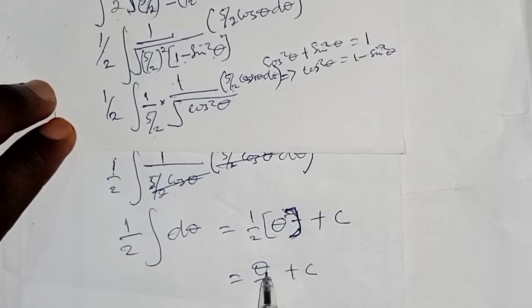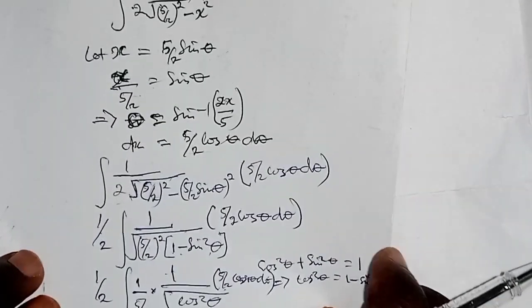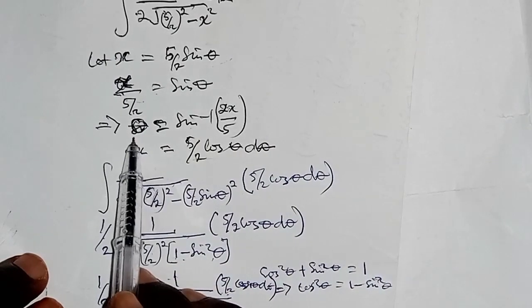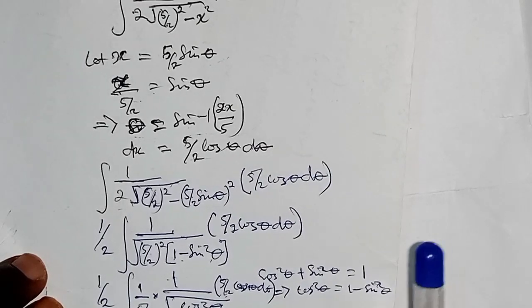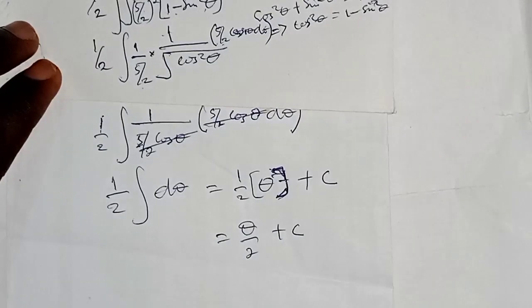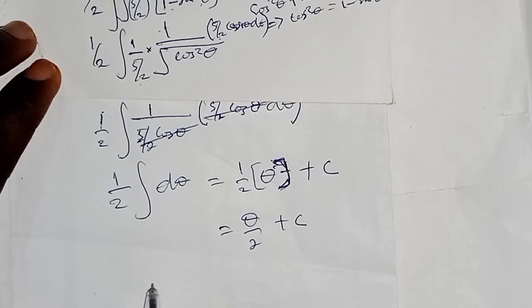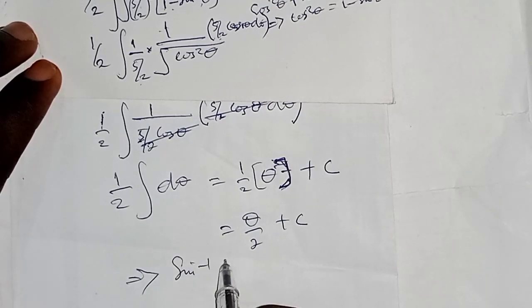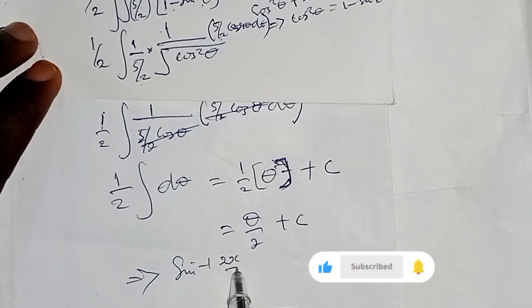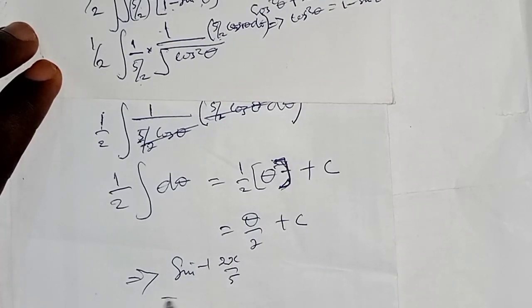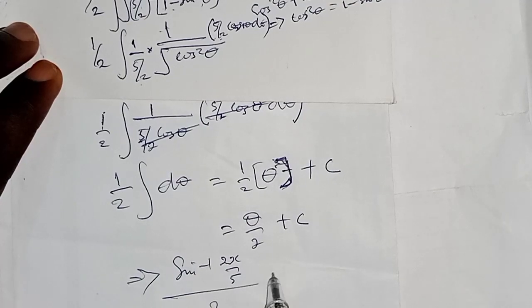And our theta, if you go up there, we evaluated it to be sine inverse of 2x over 5. So I'm going to replace it right here, and this now implies that my answer will be equal to sine inverse of 2x over 5, divided by 2, plus c.